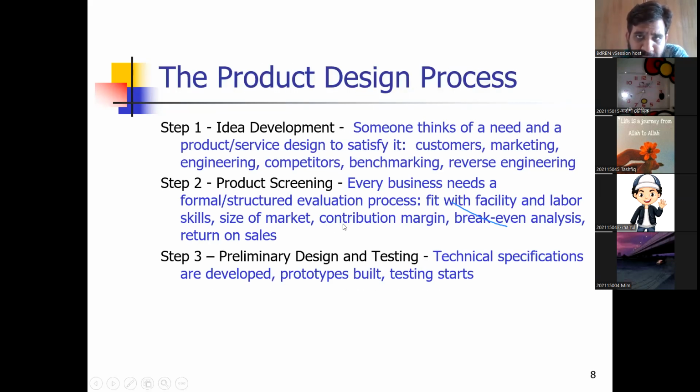Contribution margin means sales price minus variable cost equals contribution margin. All right. So you have calculated the contribution margin.